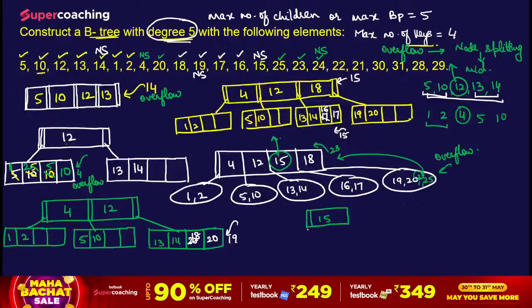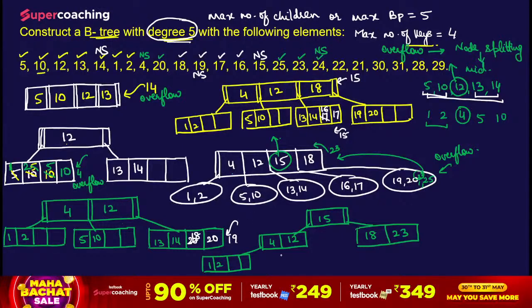To the left of 15, we have 4 and 12. To the right of 15, we have 18 and 23. Are you all getting this point? Now to the left of 4, we had 1 and 2. Here you have 1 and 2.